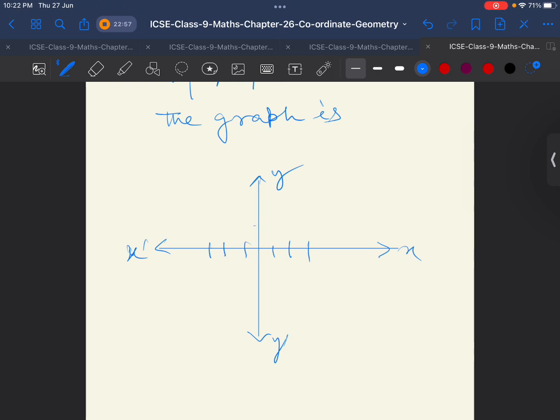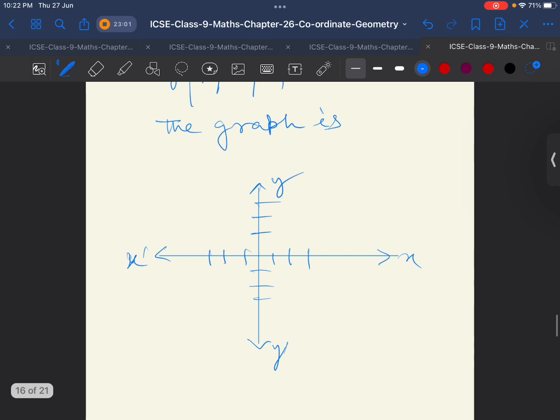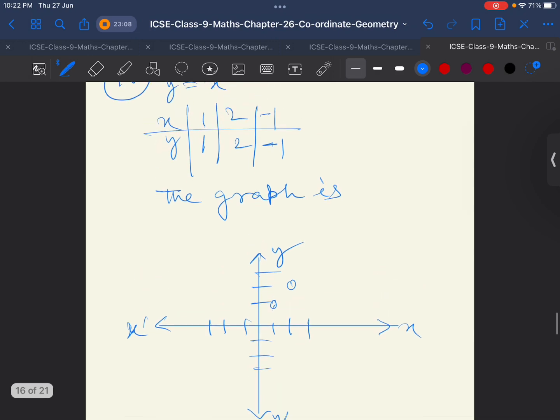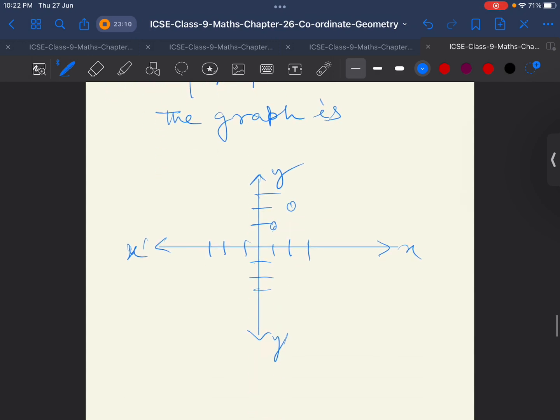Okay, 1 2 3, 1 2 3. So first the point (1, 1) will be here, and the point (2, 2) will be here, and the point (minus 1, minus 1) is here. So now we draw the straight line.